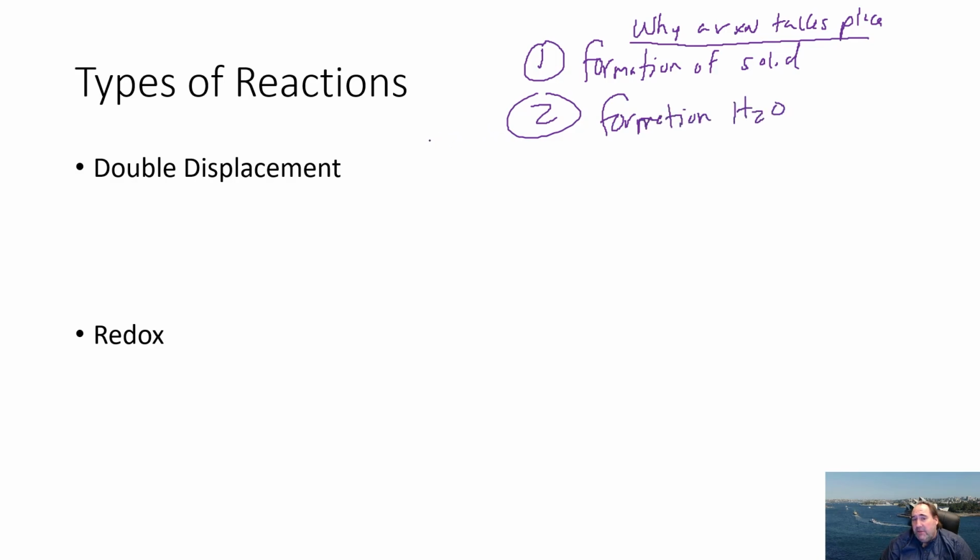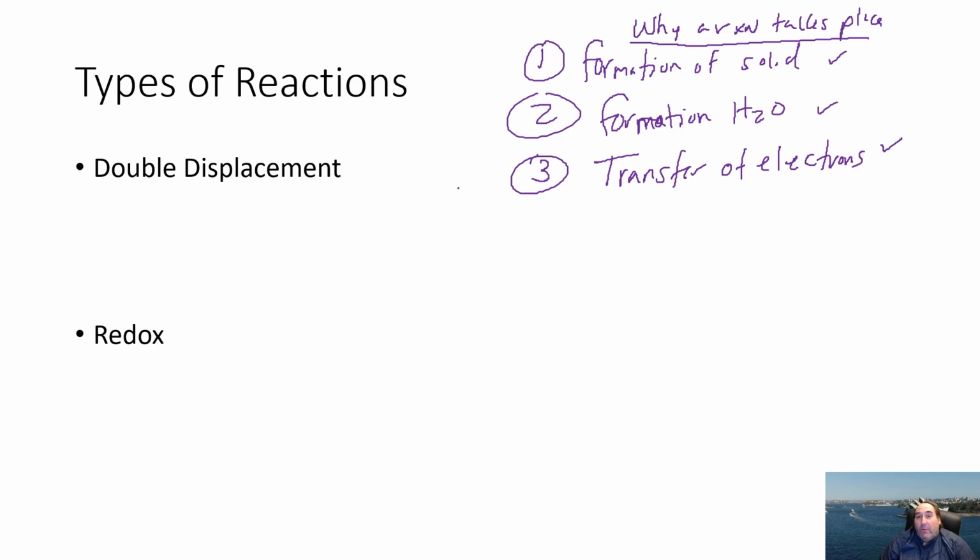So the formation of water is really the second reason why a reaction takes place. And the last reason, pretty much, for why a reaction takes place is a transfer of electrons.